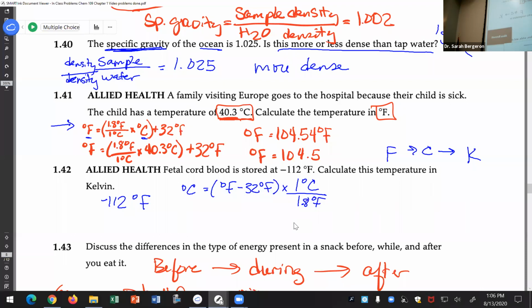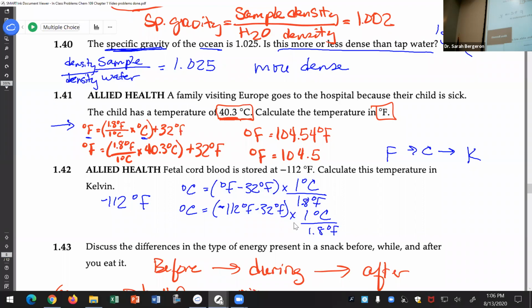So we need to plug in Fahrenheit. To solve for degrees C, we have negative 112 Fahrenheit minus 32 Fahrenheit, times 1 over 1.8 degrees Fahrenheit.